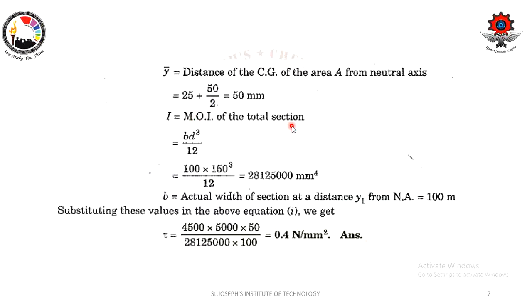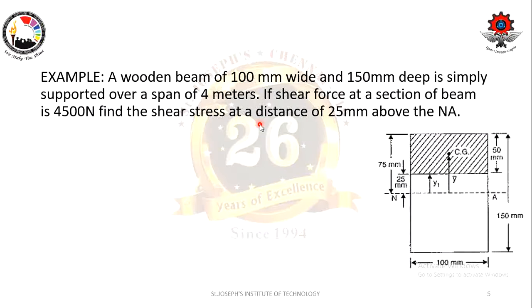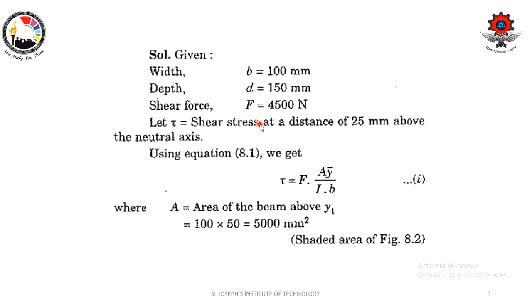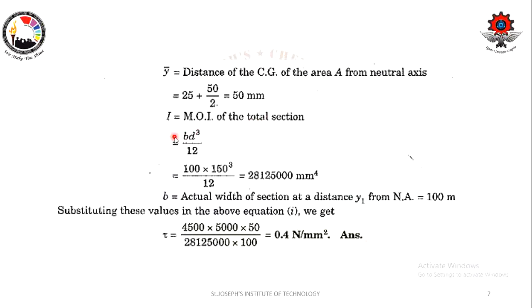Next, the moment of inertia of the total section, that is I. Each and every cross section has its moment of inertia. A rectangle has a different moment of inertia, a circle has a different one, a triangle has a different one. For the rectangle, the moment of inertia I is equal to BD cube by 12, where B is the width and D is the depth.